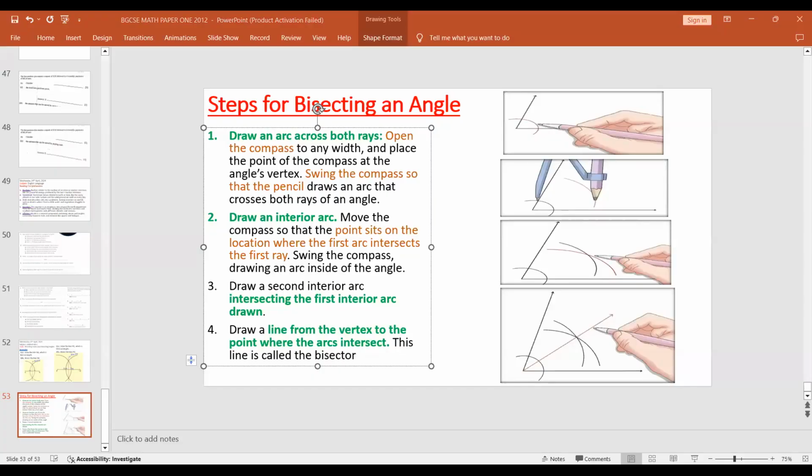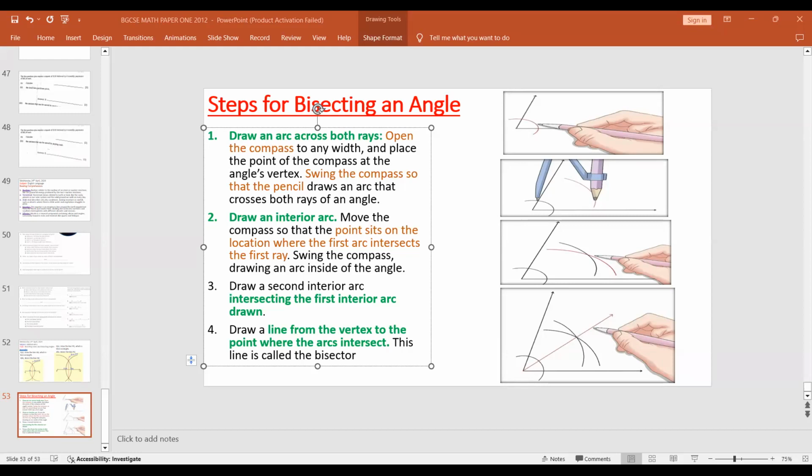Draw an arc across both rays. Open the compass to any width and place the point of the compass at the angle's vertex. Swing the compass so that the pencil draws an arc that crosses both rays of an angle.